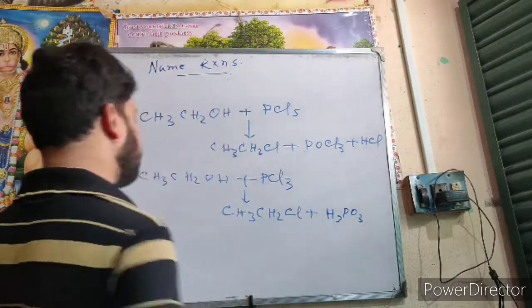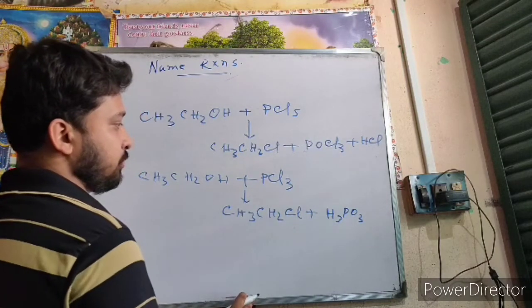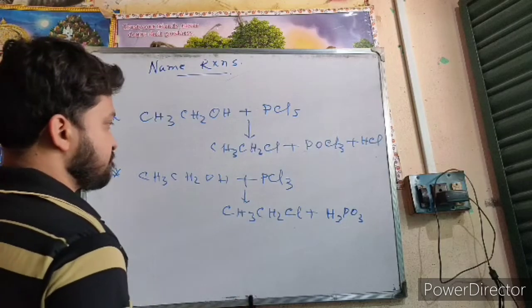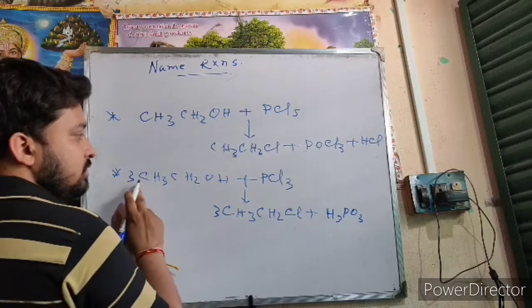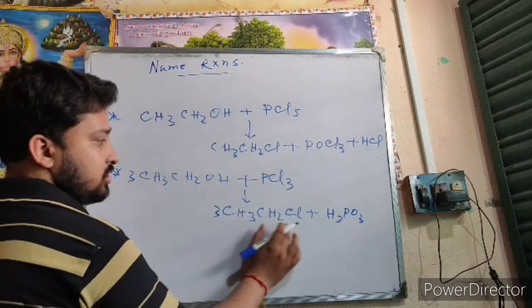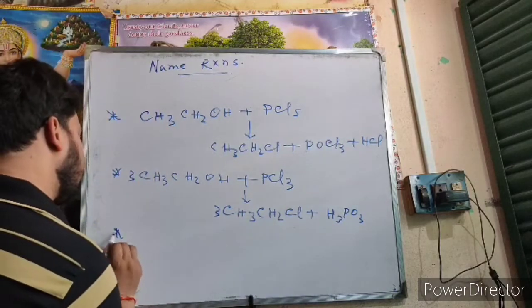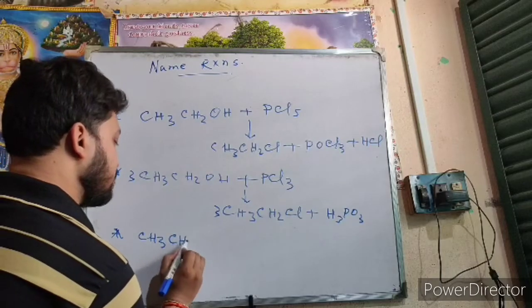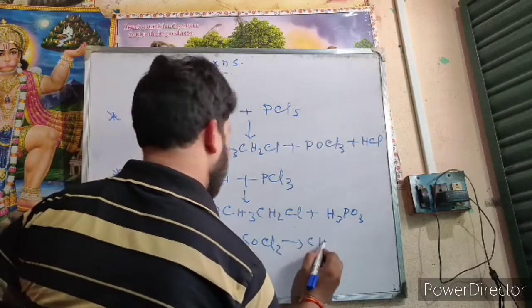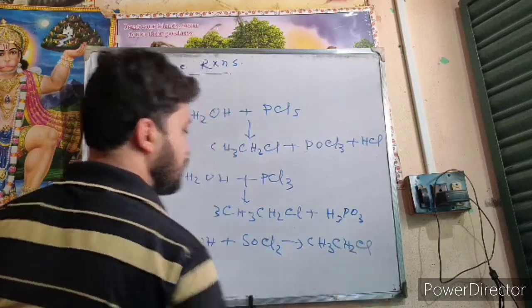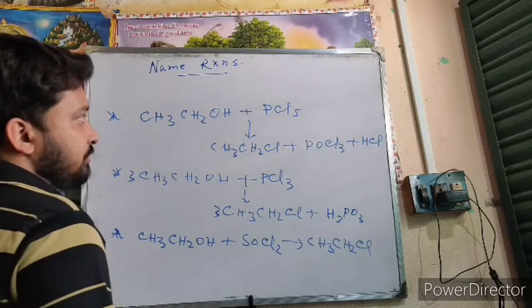So 3 CH3CH2OH gives 3 CH3CH2Cl and H3PO3. You can also write this reaction: CH3CH2OH with SOCl2. You also get CH3CH2Cl. So those three are very important.